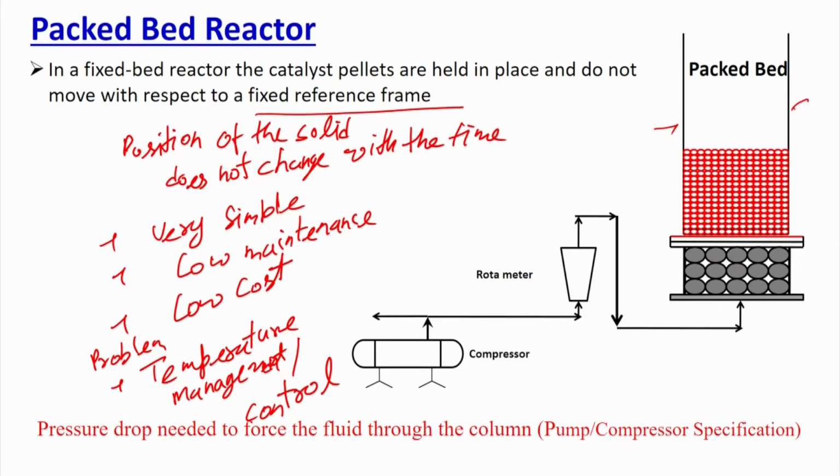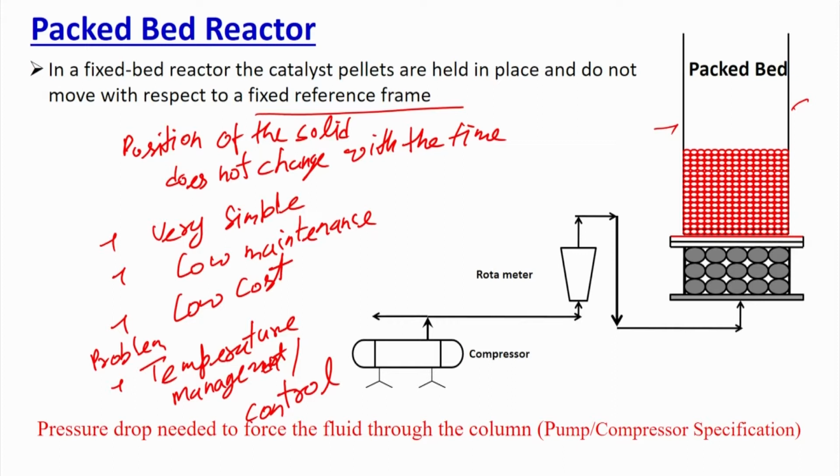The only drawback of this column is you have a very high pressure drop. The pressure drop will increase, and if you keep on increasing the bed length or bed height, the pressure drop will be very high. So, the basic question you have to encounter when designing a packed bed reactor is what will be the pressure drop, or what will be the pump, blower or compressor specification you need to pass the fluid or gas through this packed bed.